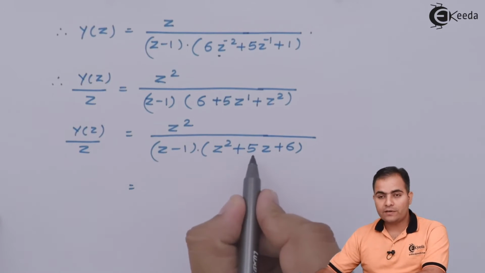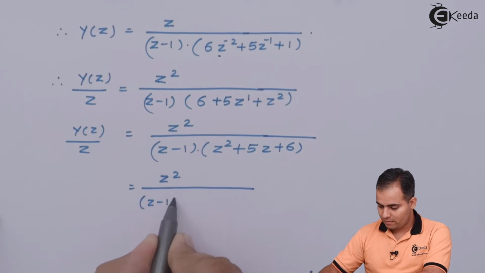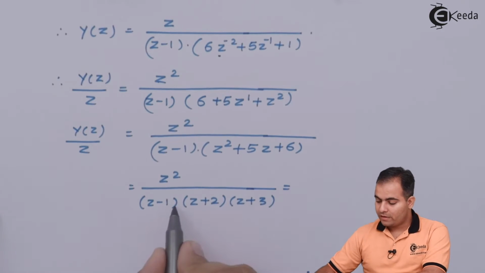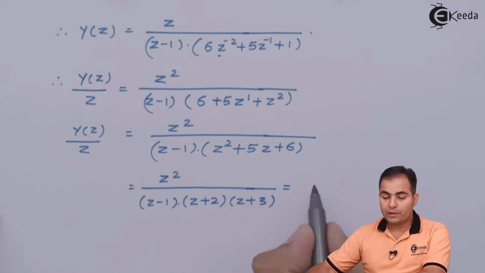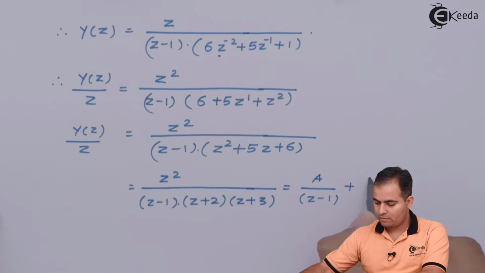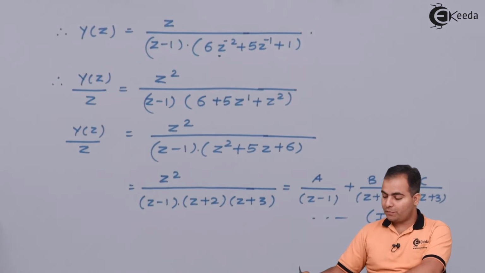So I can say that my two factors are z plus 3 and z plus 2. Now we have three factors, so I'm going to use three constants, let's say A, B, C. And this is nothing but my equation number 1.